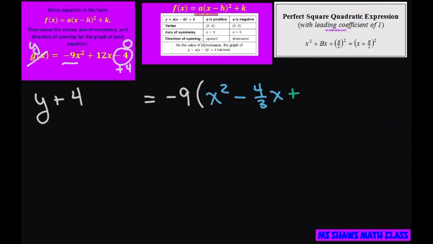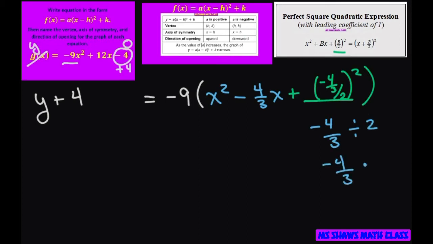What I'm going to do is take my b part, which is negative 4/3, divide that by 2, and then square it. So let's do that part first. Negative 4/3 divided by 2 is the same as negative 4/3 times 1/2.